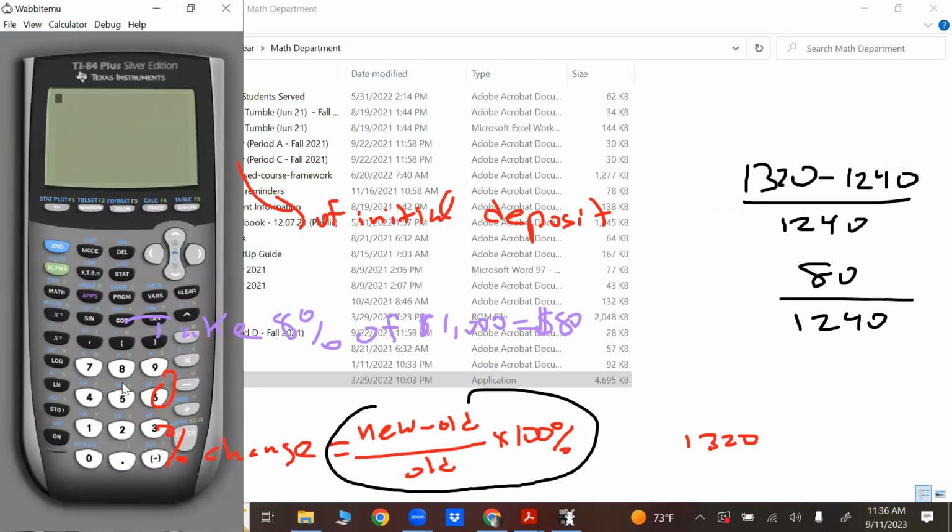Yeah, so you do 80 divided by 1240. Yep, you get 0.0645. How would I write that as a percentage, guys? What do you do to the decimal point when you write as a percentage? Move how much? 2 to the right.